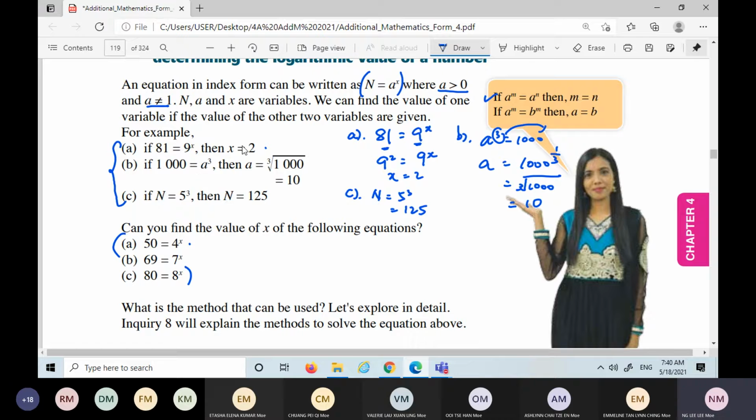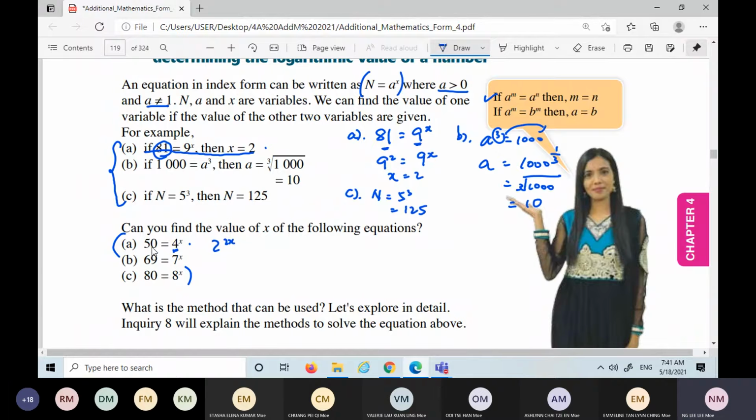But for this example of A, it can be solved because the n here you can write as the same base number as the a. But here you have the problem: the n you cannot write as the same base number as the a. The a here is 2, 4, so the base you can lower down to is 2.